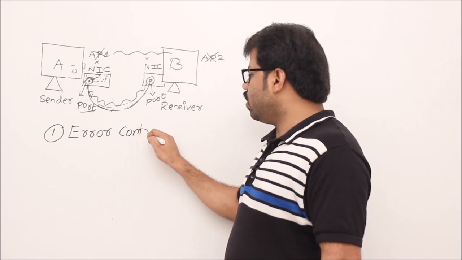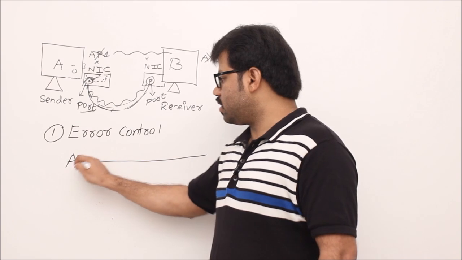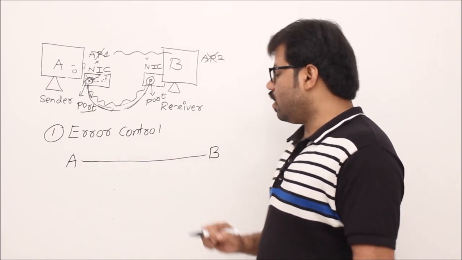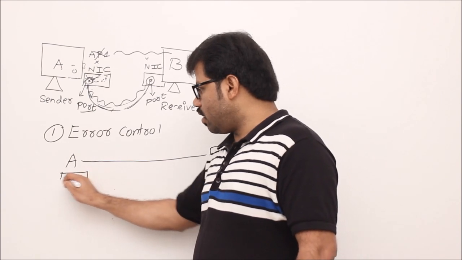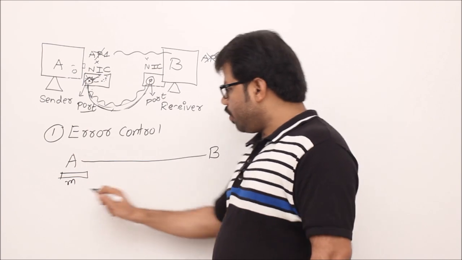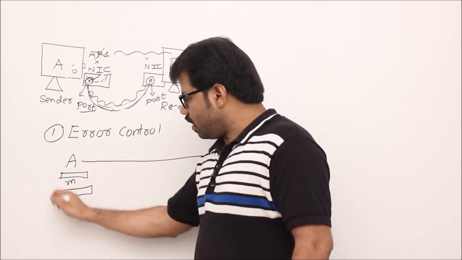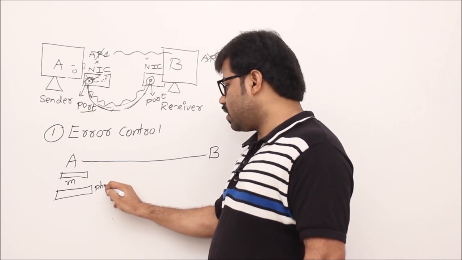What is error control? Example, let's say this is your communication medium. Let's say this is the sender, this is the receiver. Now finally your data is available, let's call it the message. Now you want to send this message from here to here, but at the next level, in your computer there is some extra software, that is the physical layer software.